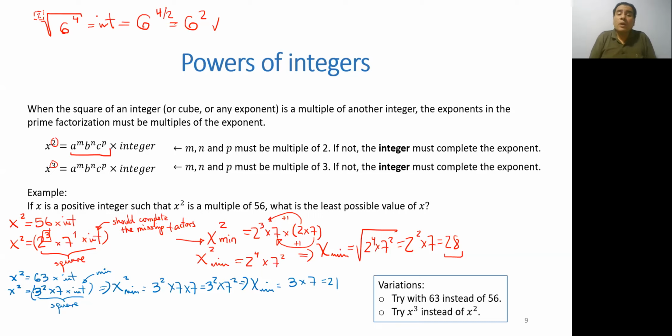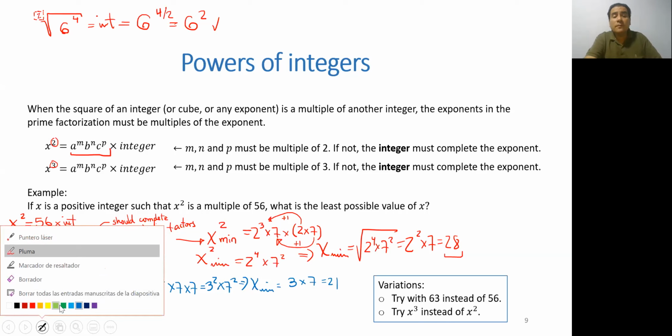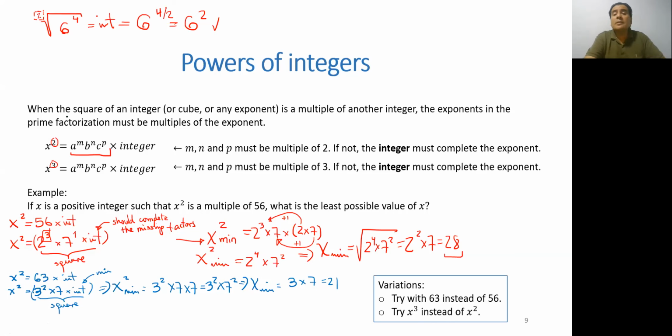Okay? We can do this also with the cube of an integer. Let's try to solve the original problem with 56, and the cube of x. If they tell me that x cubed is a multiple of 56, then it follows that x cubed would be 2 cubed times 7 times an integer.